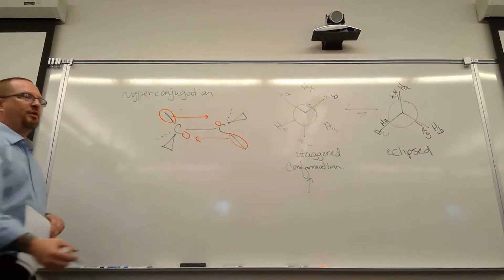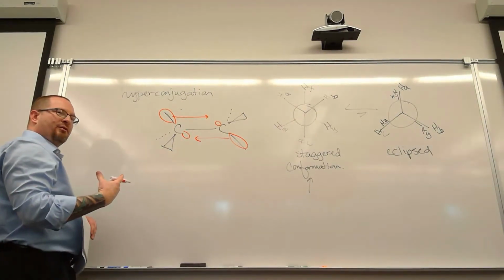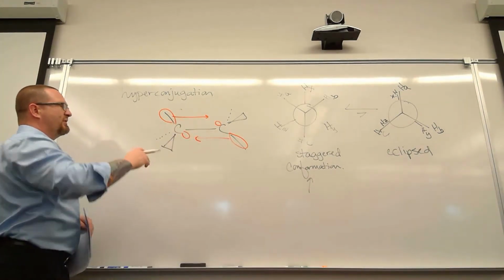Through space, these anti-bonding orbitals spread out the electrical density just a little bit, which stabilizes these positions.